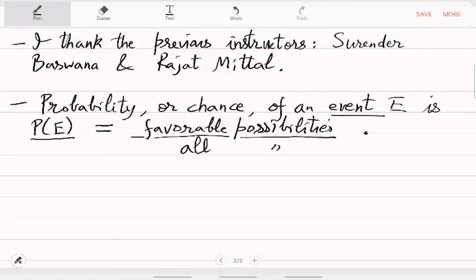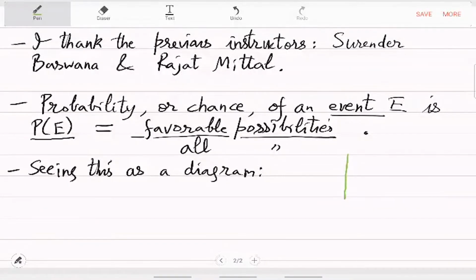If you see this as a diagram, Venn diagram to be proper, there is this universe or the whole sample space which we call omega, and in this there are these favorable possibilities, which is the event inside the circle. So you are interested in this. How big is this space in comparison to the whole sample space omega?